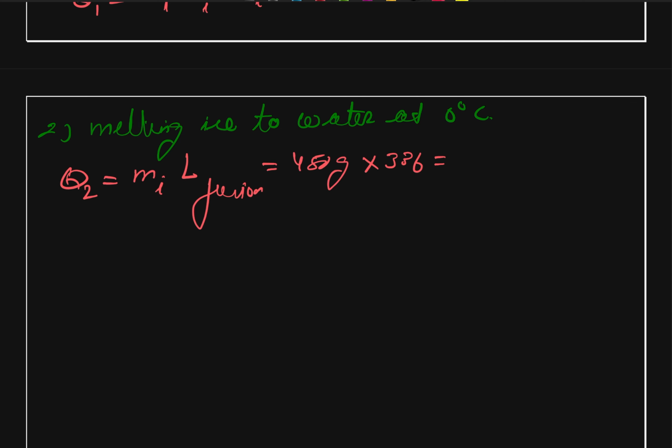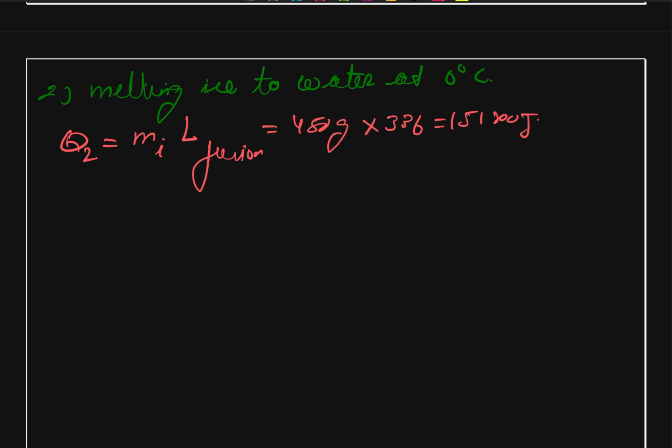This will be 151,200 joules. And if we require it in calorie, we can also calculate it as 450 multiplied by 80, and that will be equal to 36,000 calorie. So these are interchangeable, it doesn't matter that much.